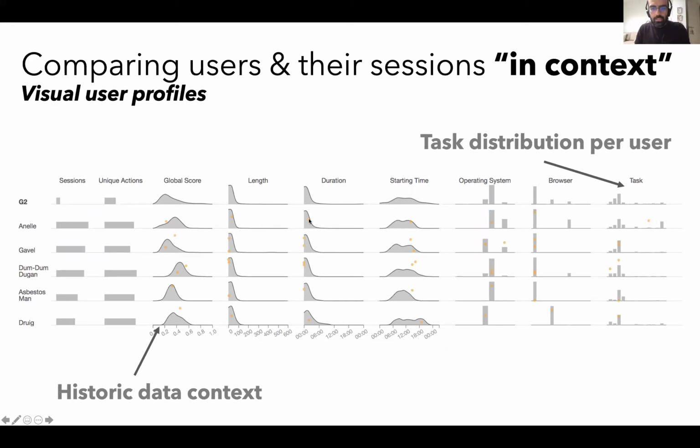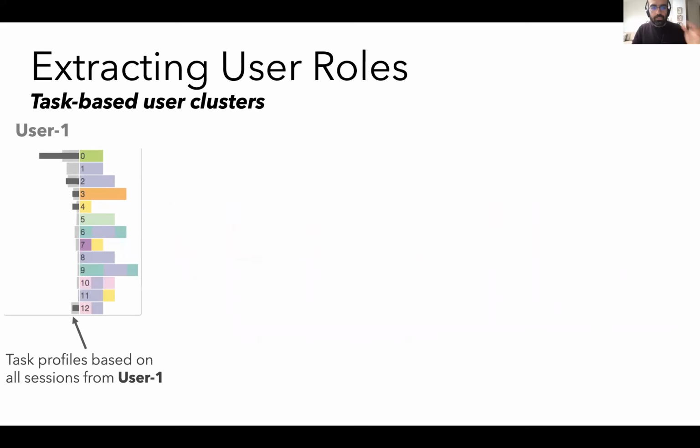Then we positioned some of these selected sessions that are potentially unusual in the context of the history of that user. So rather than looking at each individual session in the context of all the data, we want to look locally at that user. These are the sessions of interest overlaid on the historics of the user.